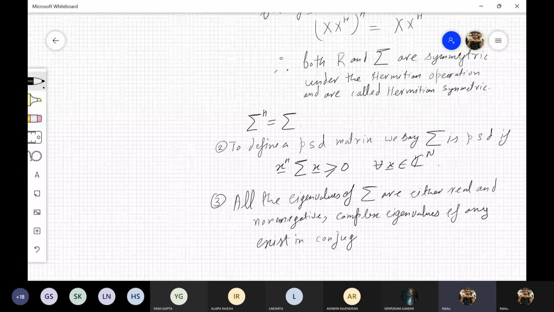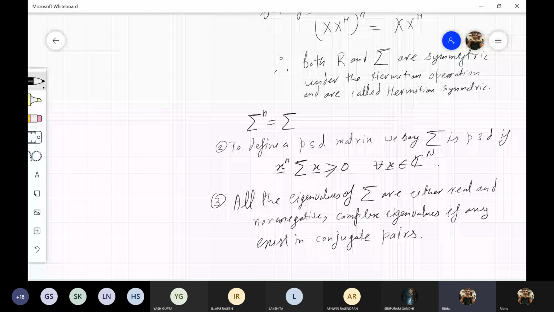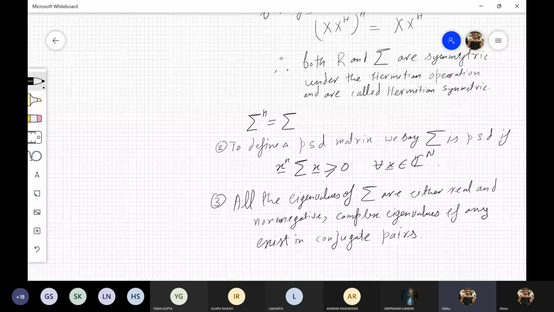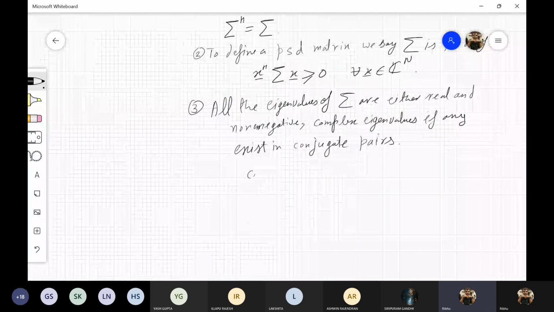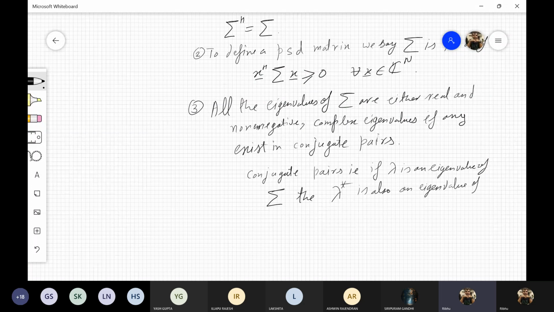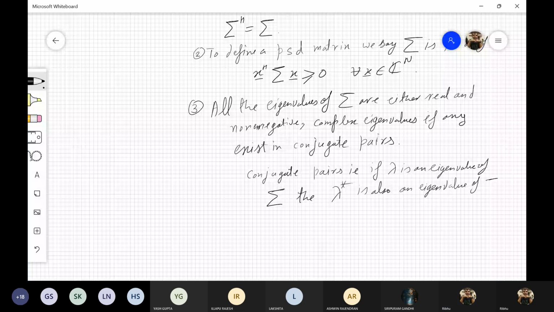Conjugate pairs means that if lambda is an eigenvalue of sigma, then lambda conjugate is also an eigenvalue of sigma.